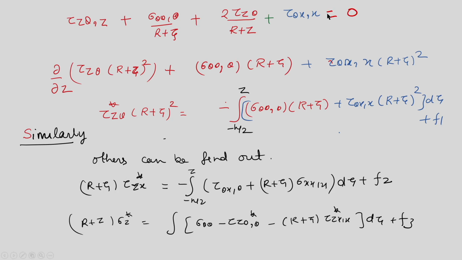So, from here tau z theta can be obtained like this: sigma theta theta comma theta plus tau x theta comma x, multiplying with that and integrating over this f plus 1. This is the integrating constant. Then same way tau zx and sigma z star can be obtained.